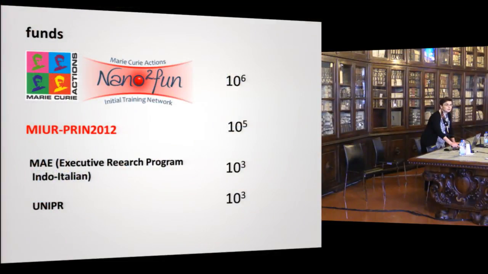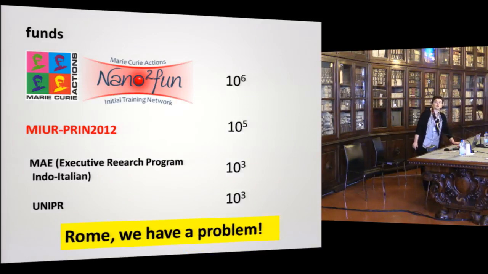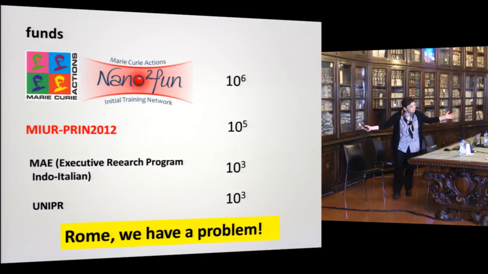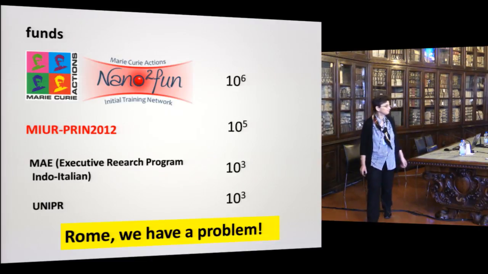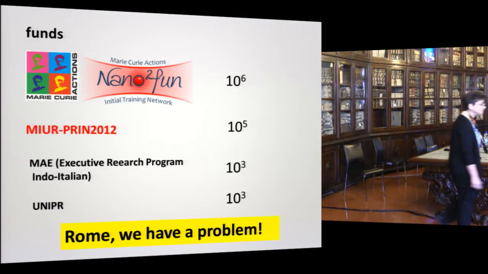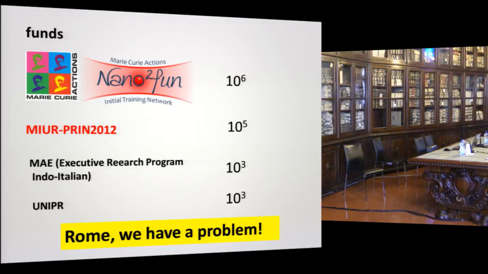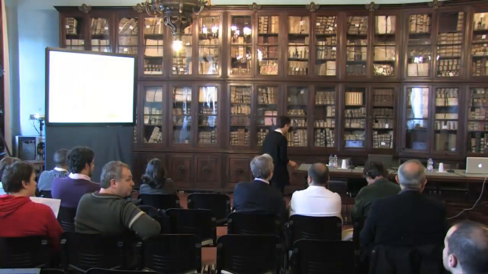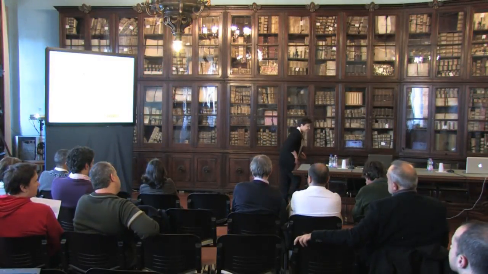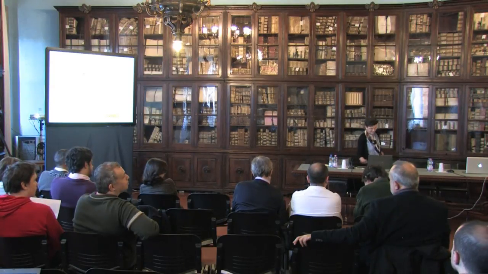And if you look at the orders of magnitude, we can say Rome, we have a problem, I would say. Don't you agree with me? Okay. I think so. Thank you. Sorry, for your exciting data.